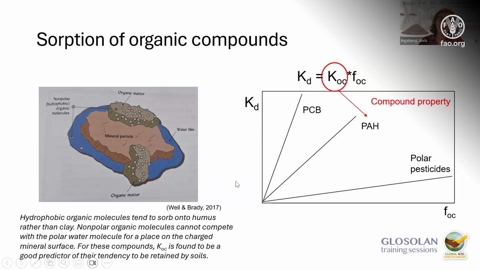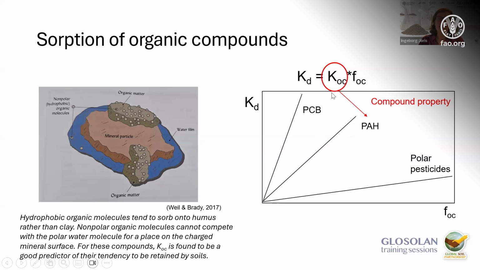If we then look at what this means for describing sorption in equations, as we did before, you can see that for a lot of these compounds, like PCBs, PAHs, or pesticides, the Kd is a function of the fraction of organic carbon in the soil. And the equation describing it is that the Kd is a Koc factor times the fraction organic carbon in the soil.